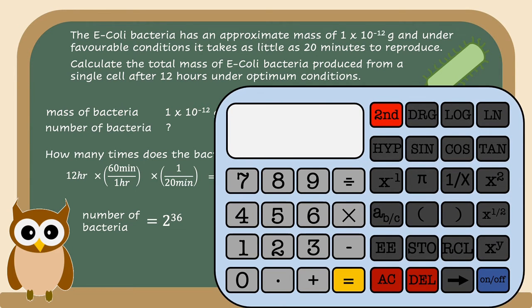Let's quickly get the calculator out. So 2 to the power of 36 gives us 68,719,476,736.